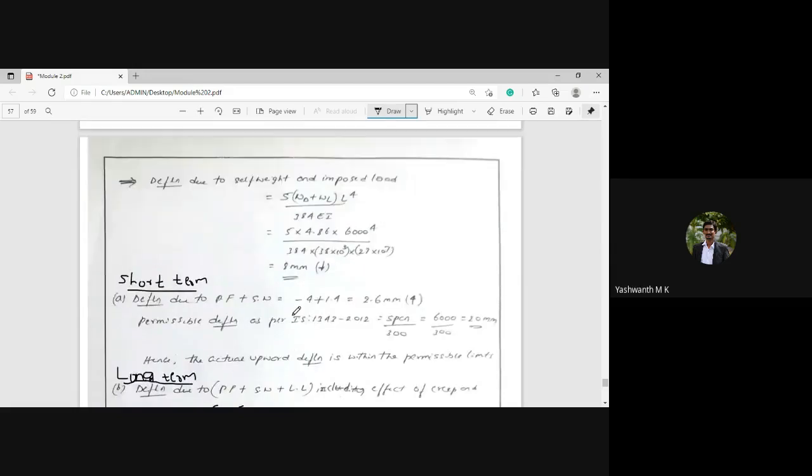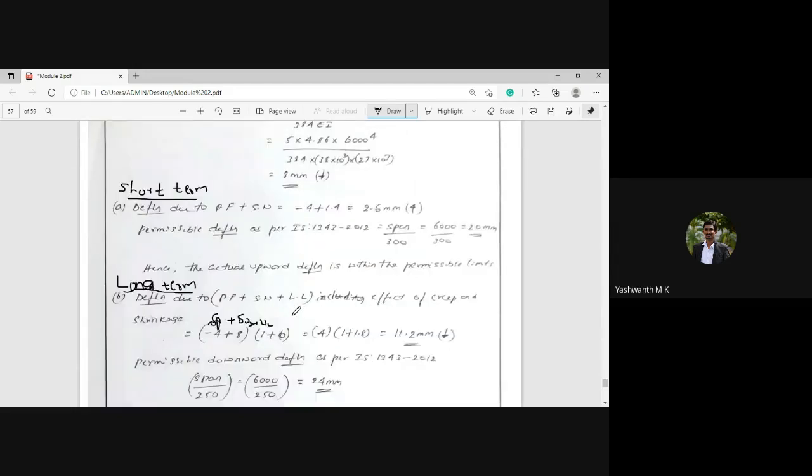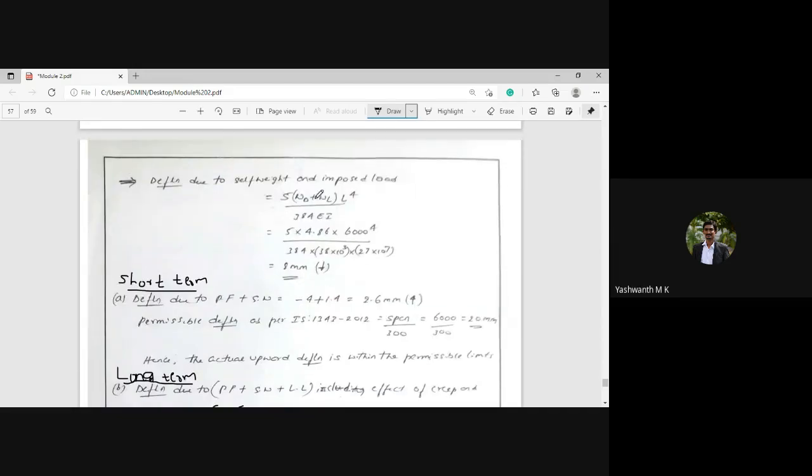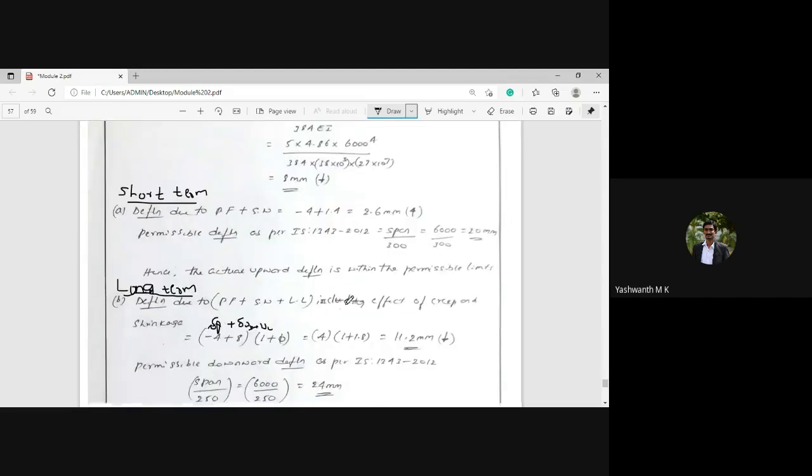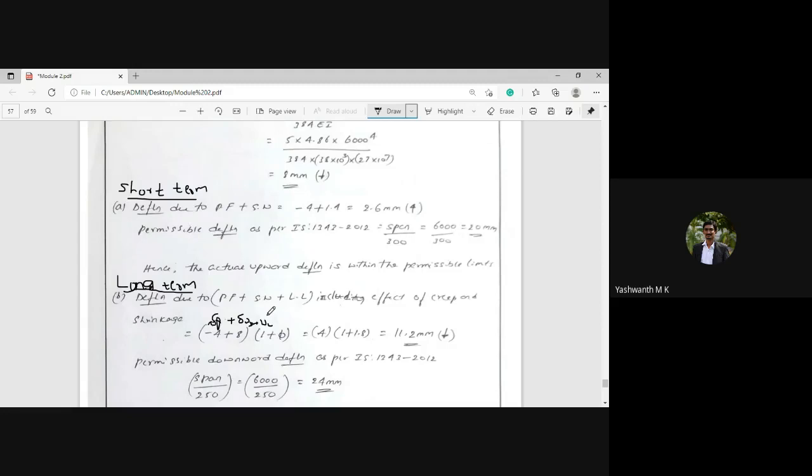But in the examination, if they give the live load as a concentrated load, then you cannot use this formula. You need to calculate separately: the self-weight you have already calculated, and the live load you need to calculate by using the proper formula for a concentrated load, then sum up and substitute here. So you need to be very careful.